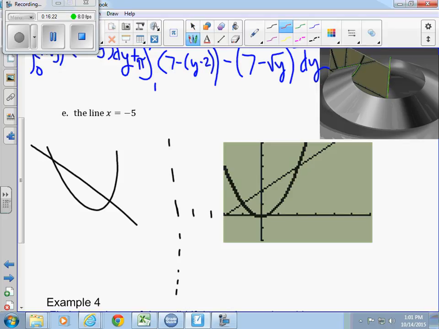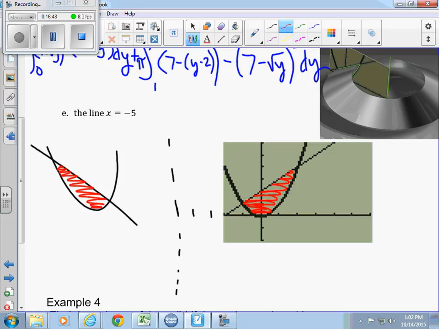Okay, so let's put that together a little bit. So, we're spinning this around the line x equals -5, correct? So, this is my region that's spinning around, right?